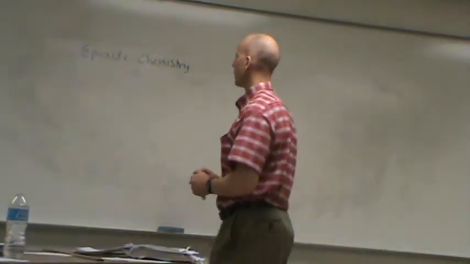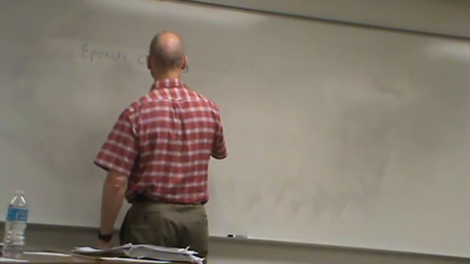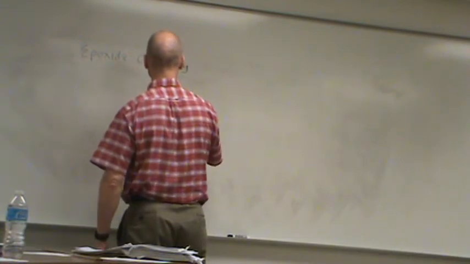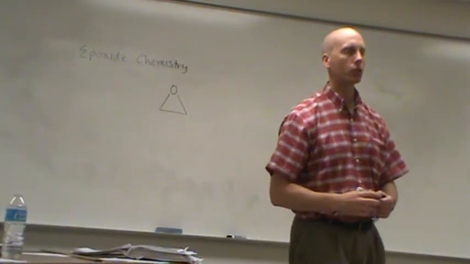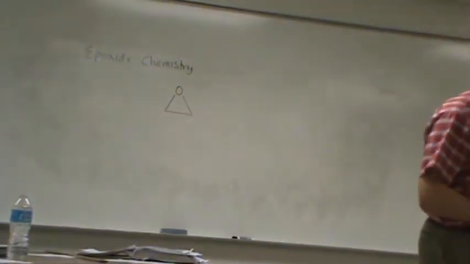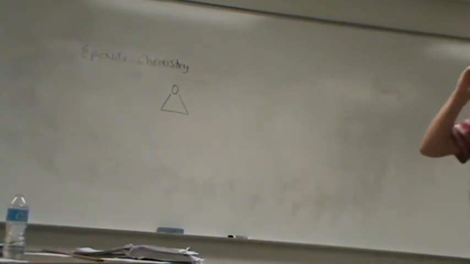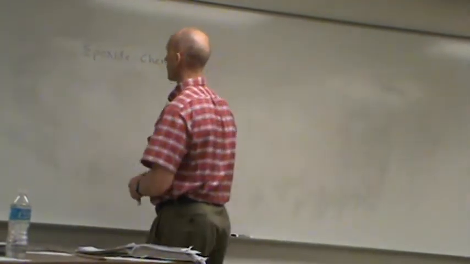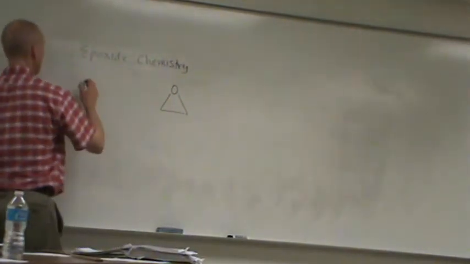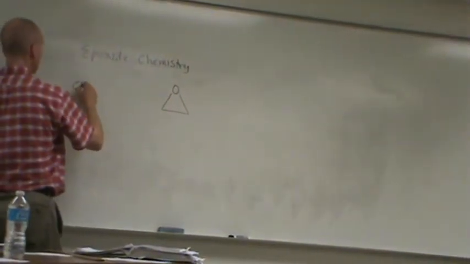So remember what epoxides were? Three-membered rings with an oxygen in there. Do you remember that? Do you remember how to make epoxides? They came from double bonds.